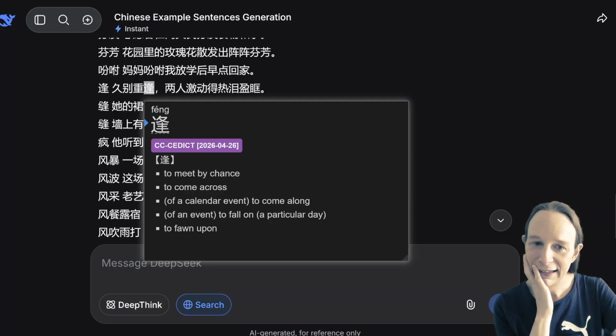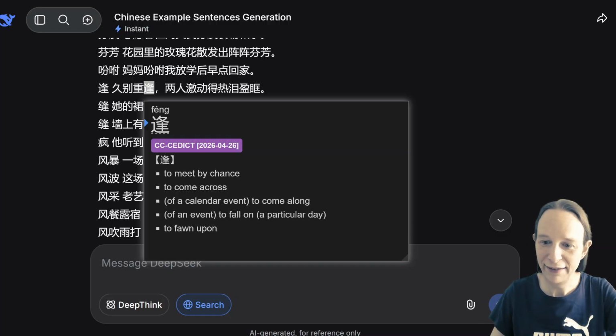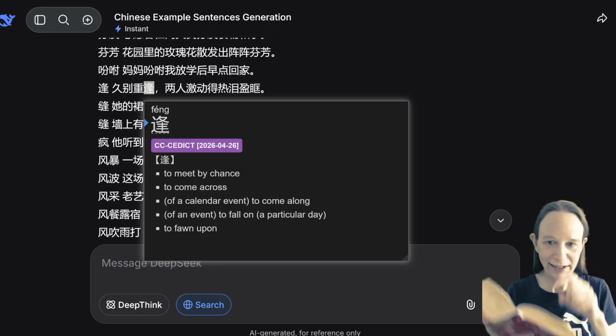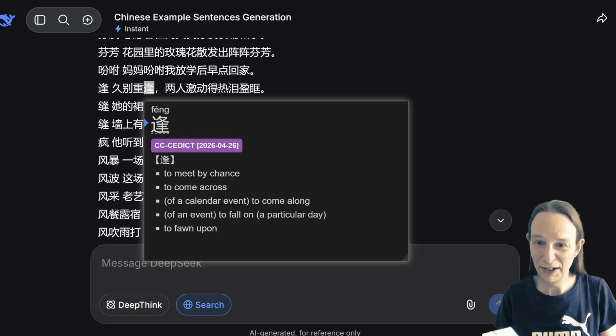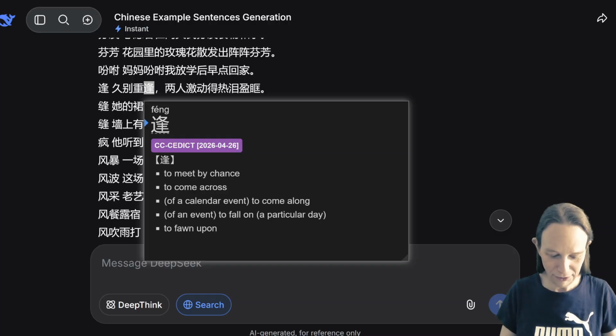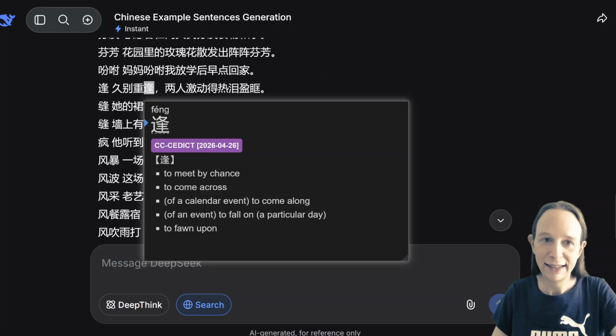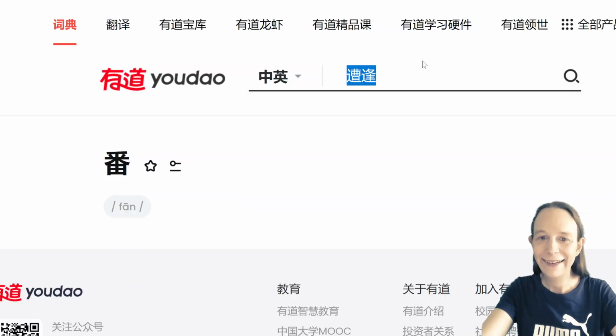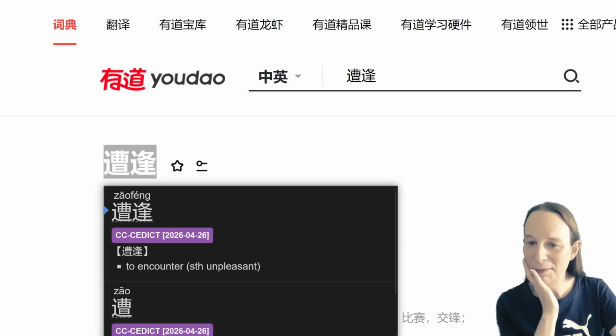All right. What's the dictionary have to say about this? Yeah, so neither this English dictionary nor my dictionary is counting it as a measure word, but I believe you can use it as a measure word. 遇见, 碰到. Okay, so to meet by chance. Okay, so 遭逢. 遭 is normally used for bad things.